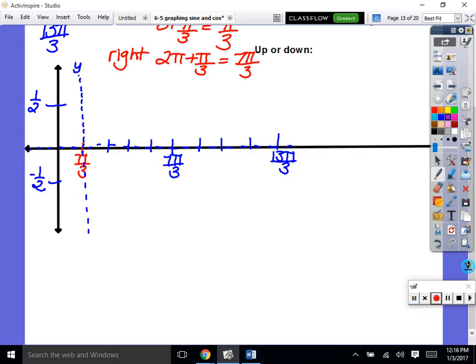What's 7 pi thirds plus 1 pi thirds? 8 pi thirds, correct? But you have to now divide that by 2. 8 pi thirds divided by 2. You don't type in the pi in your calculator. So 8 thirds divided by 2 is 4 pi thirds. So this distance right here is 4 pi thirds, this length from here to here. Everybody good?